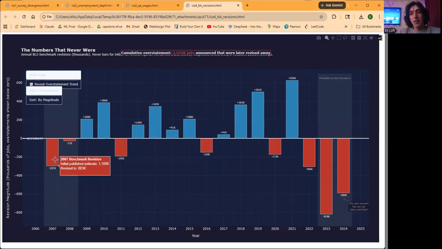If you look at the graph as it goes, it's just a chronological view as we have right here. And you see the estimates as we scroll over these individual bars for the revisions.